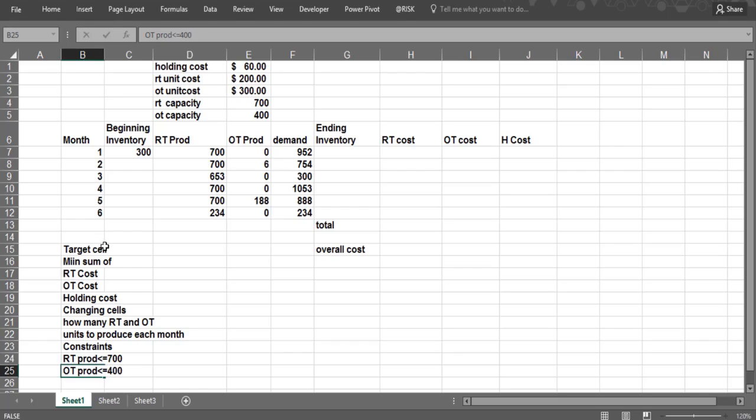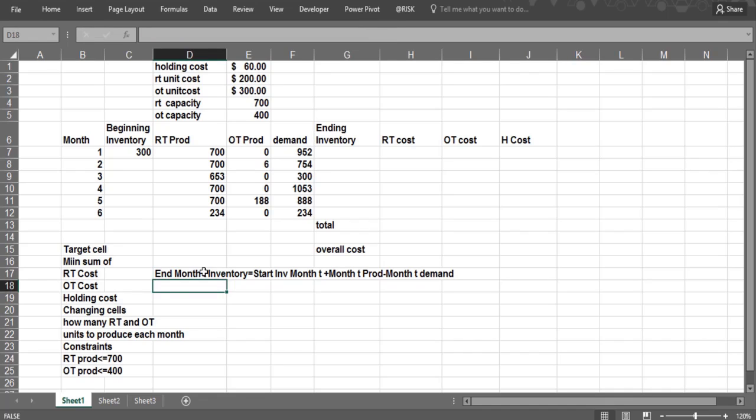Okay, now how do we keep track of meeting demand on time? And we also need to get the holding cost each month, which means we need each month's ending inventory. So the ending inventory for a month would equal the start inventory for month T plus the month T total production, that's overtime plus regular, minus the month T demand, which we're assuming is met on time.